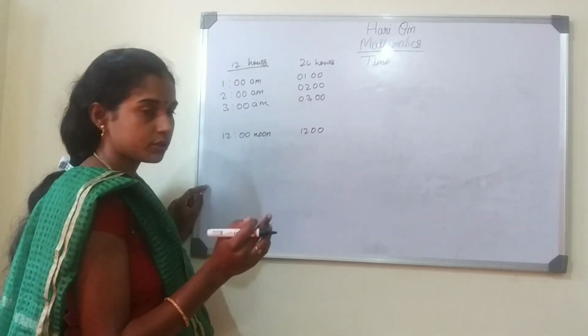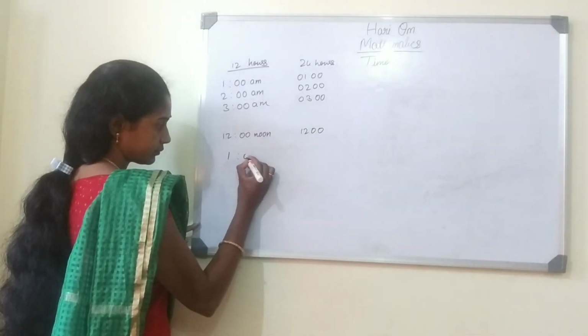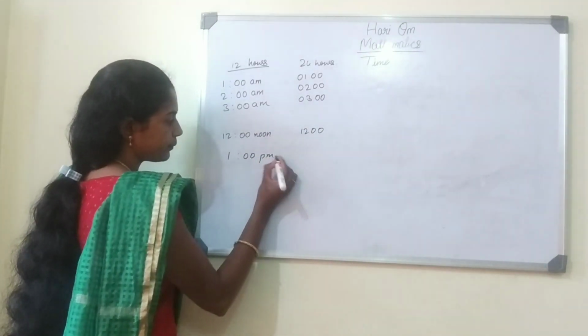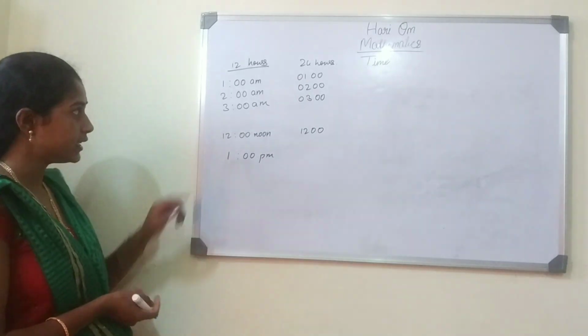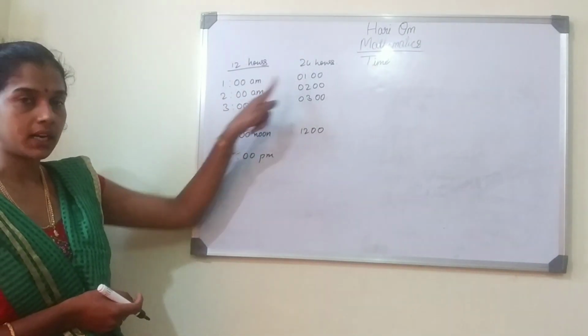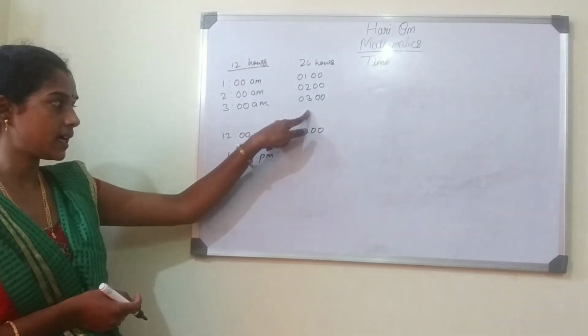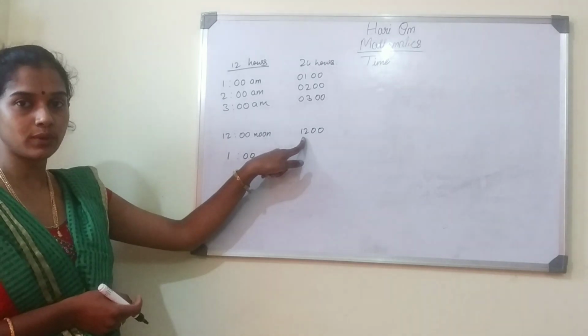Only if it changes to p.m. If it is 1 p.m. Okay, children? So in a.m. from 1 o'clock, if it is 1 a.m., it is 1 hour. 2 a.m., 2 hours. 3 a.m., 3 hours. 12 noon, it is 12 hours.